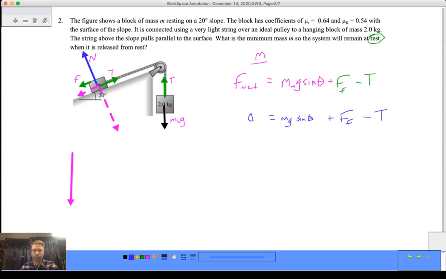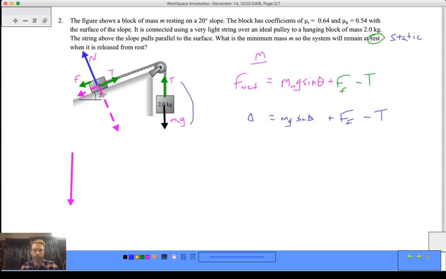Now if we take a look over at this side, we know that tension has got to be equal to m2g. So I can write this again, but replace tension with m2g. Now if it's going to remain at rest, that is going to be the static friction, not the kinetic friction. So I also can write an expression for the friction force.